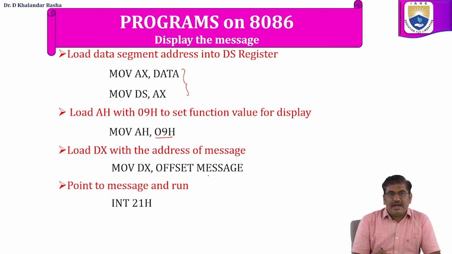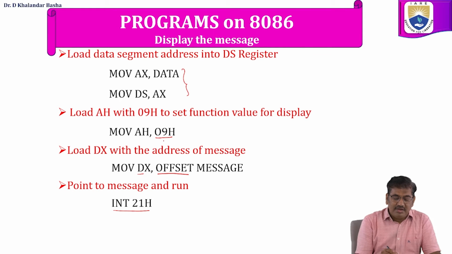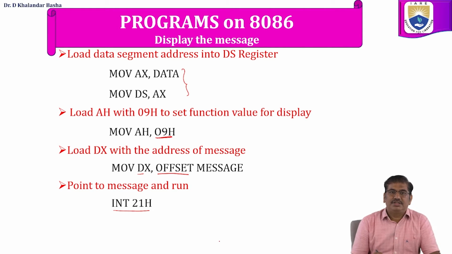Next, the address of the message in the data segment is fetched by the OFFSET directive. The offset directive fetches the offset value of whatever variable you placed in the data segment, and that is loaded into the DX register. For that, MOV DX, OFFSET message. Then we raise INT 21H for displaying the message onto the CRT with the function value 09H.